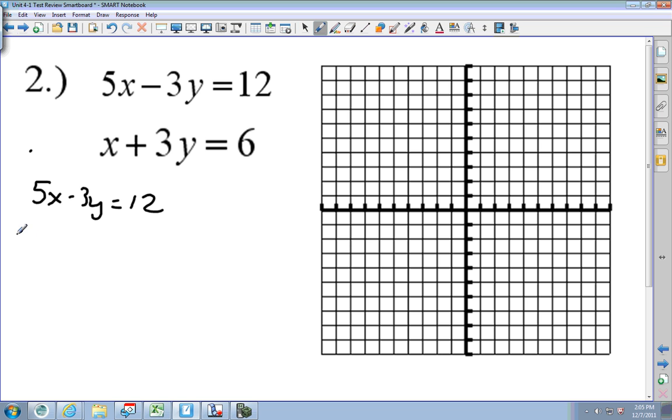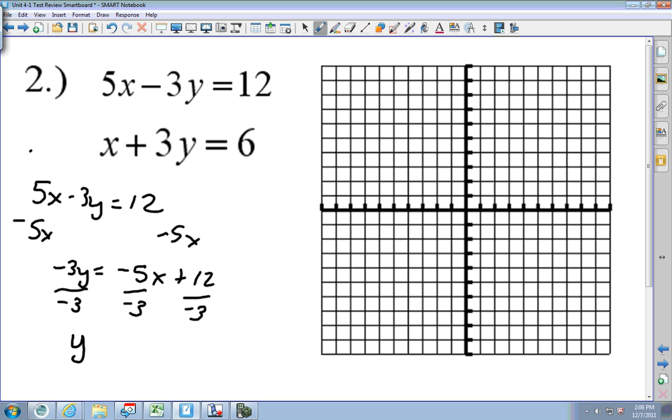I need to solve for y, so I need to subtract 5x from each side. -3y equals -5x plus 12. I'm going to divide by -3. Y equals 5/3 x minus 4.